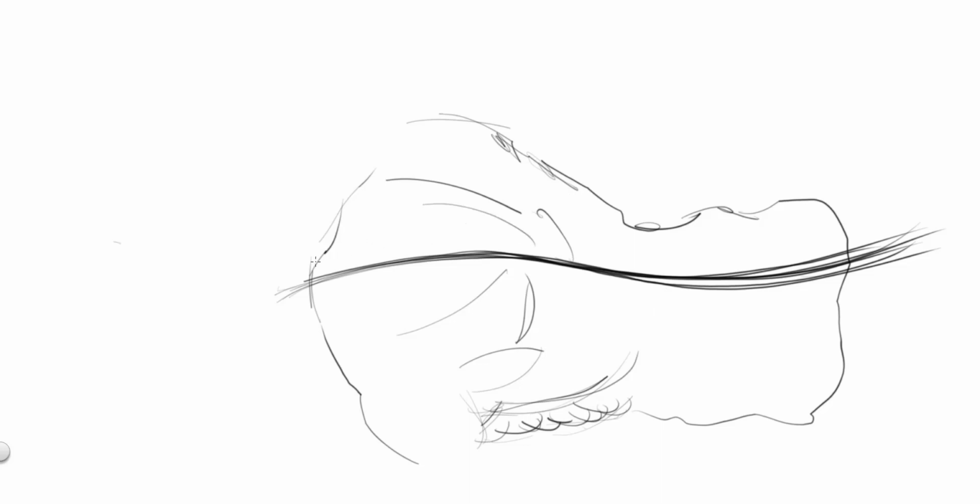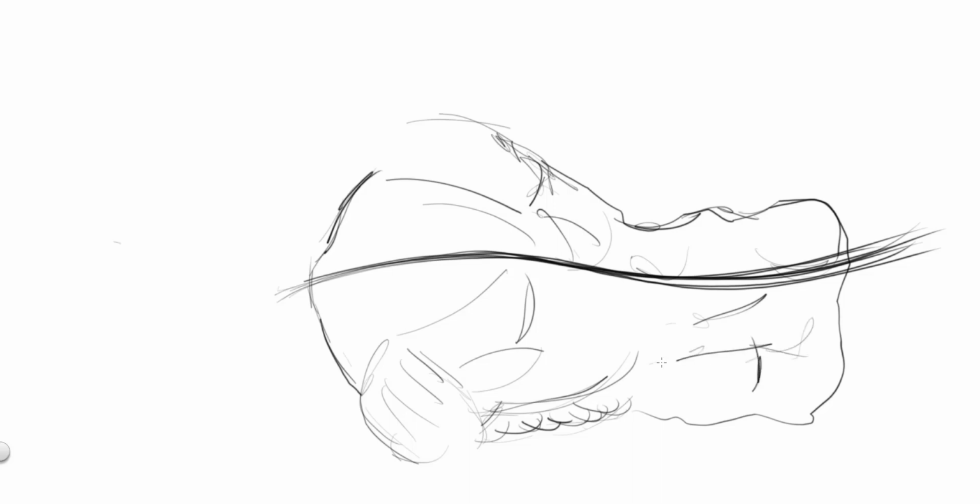Okay, look at the muscles carefully, and try to draw like this.